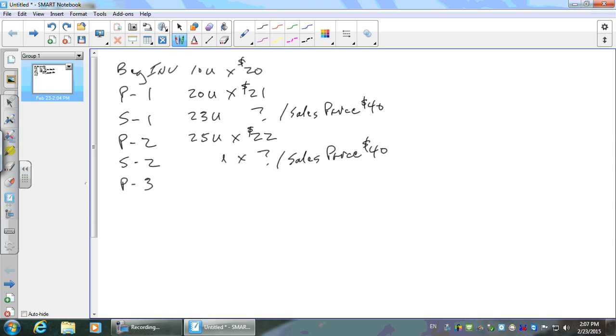Let's leave sale 2 at 22. And then let's make purchase 3 be just 10 units for some reason. They only bought 10. And those cost me $23.